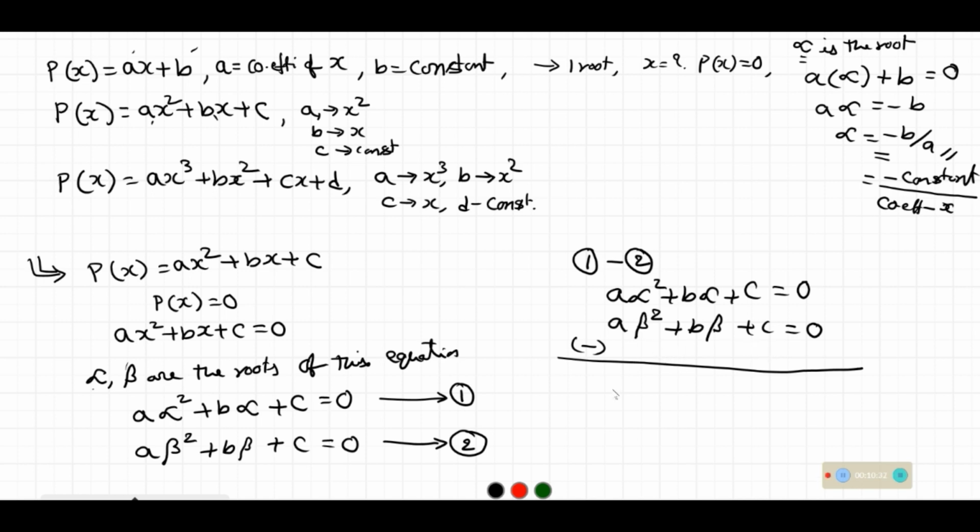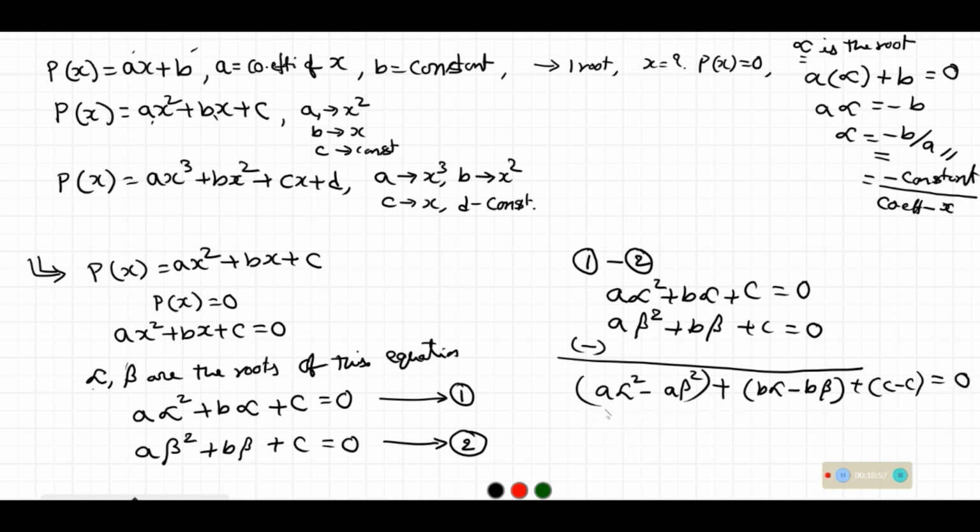So when you subtract, a alpha square minus a beta square, plus b alpha minus b beta, and c becomes c minus c, is equal to 0 anyhow.